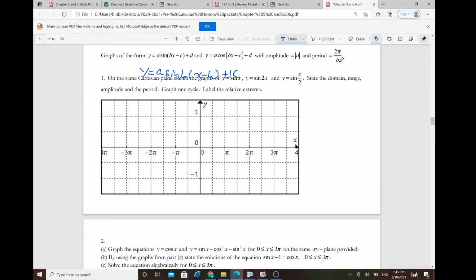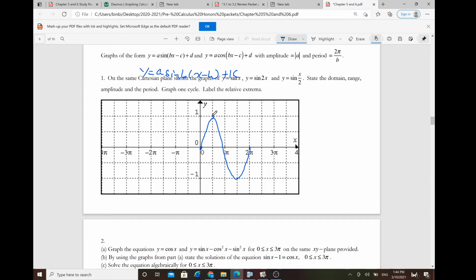In the same Cartesian plane, sketch the graph of y equals sine of x, sine of 2x, and sine of x over 2. It's showing the differences in the period. Starting with the first one, the period is from 0 to 2 pi. Consider it a roller coaster. That's just the parent function.